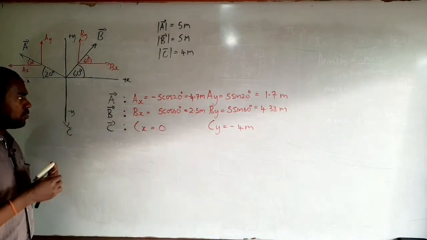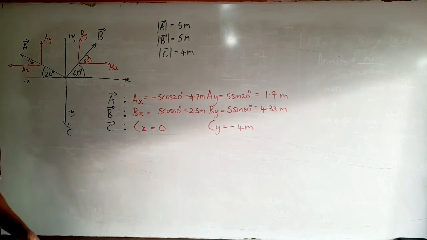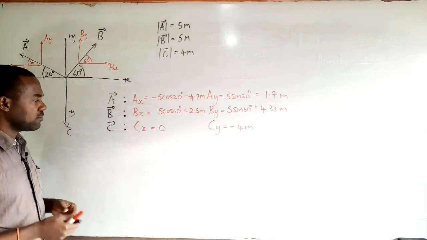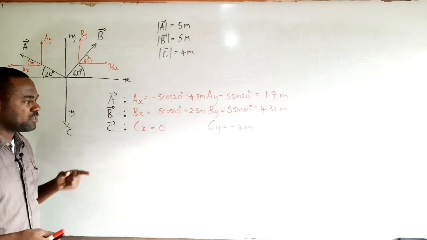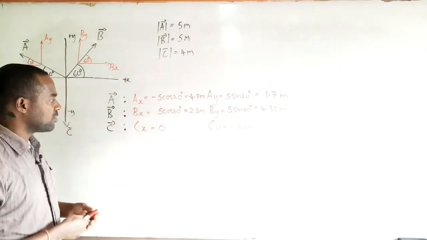Right? Now that we've resolved each of these vectors into their respective x and y components, what we will do is add the components in each direction to give a single component, and then we'll use Pythagoras' theorem to find the resultant.